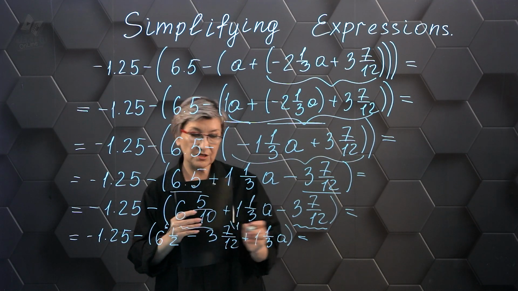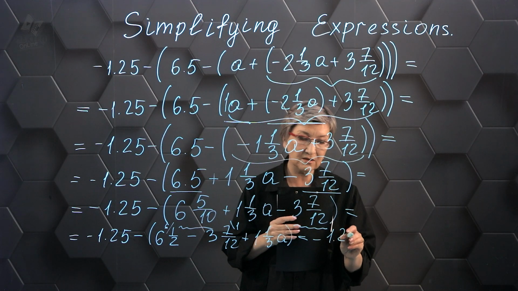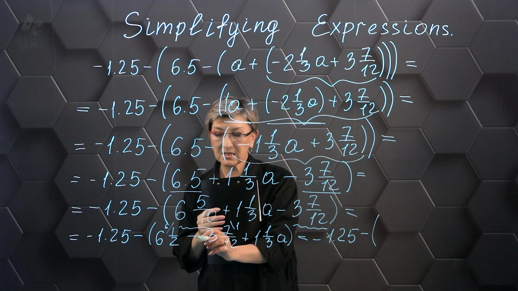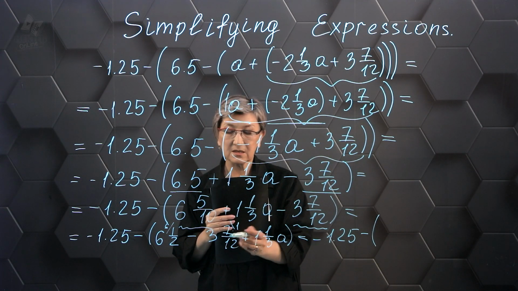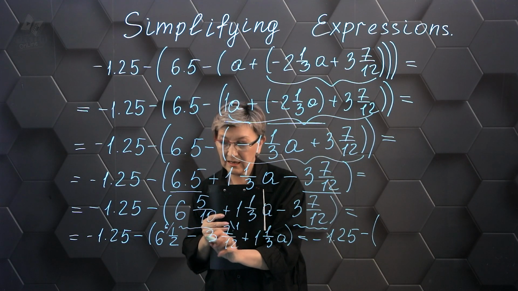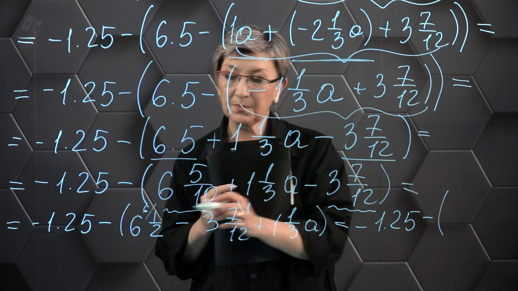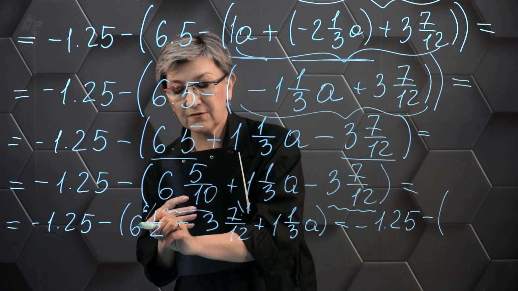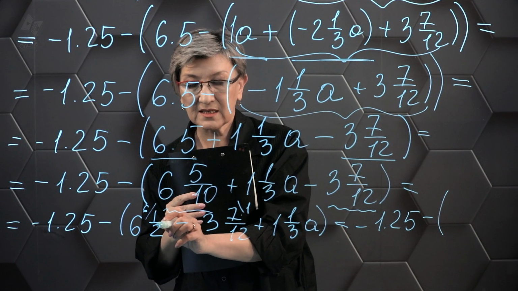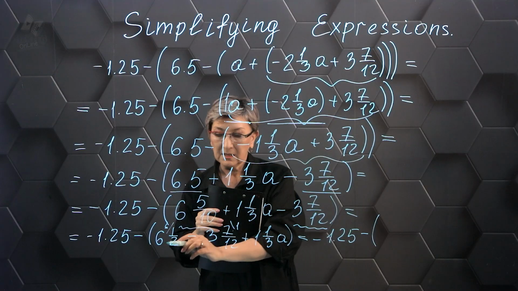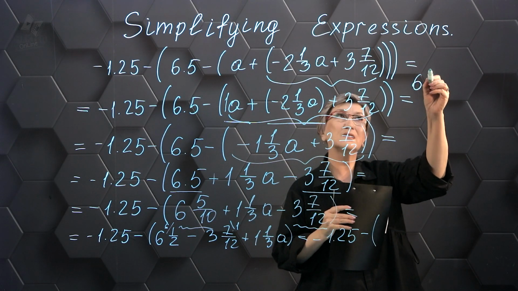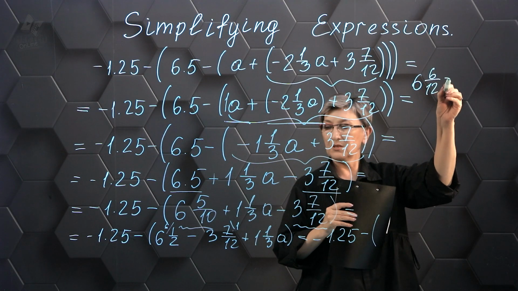Let's find the difference of these numbers. The result is minus 1 25/100 minus. We start with 6 6/12 minus 3 7/12. Now we can see that we can subtract 3 from 6, but we can't subtract 7 from 6 twelfths. In this case, we need to take a whole unit in order to carry out the subtraction. Let's write down what we've done. 6 6/12 minus 3 7/12.